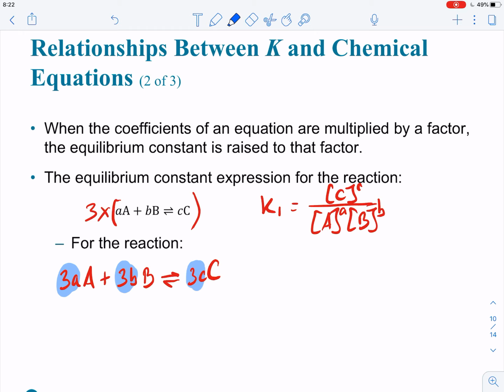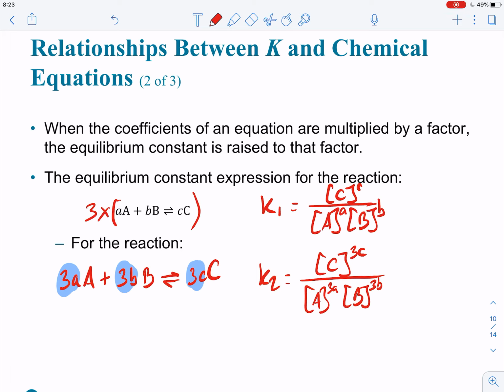So that's what we're going to use to write the next constant. So K2, the new reaction after you multiply by 3, it's going to be C raised to the power of 3c, A raised to the power of 3a, and B raised to the power of 3b.